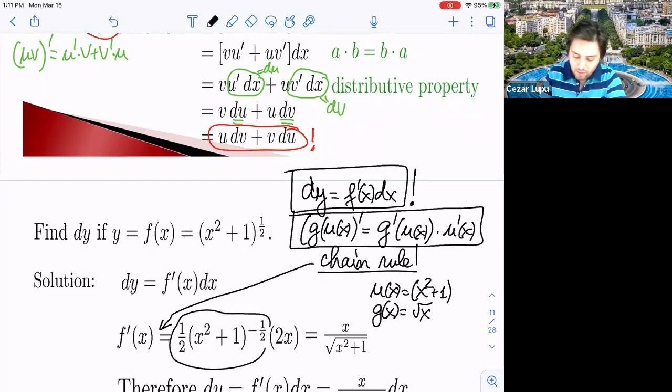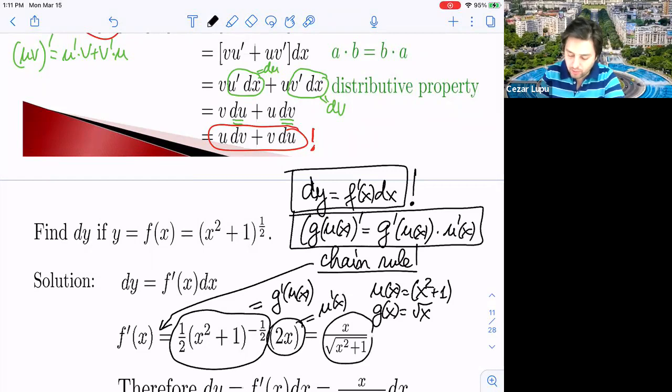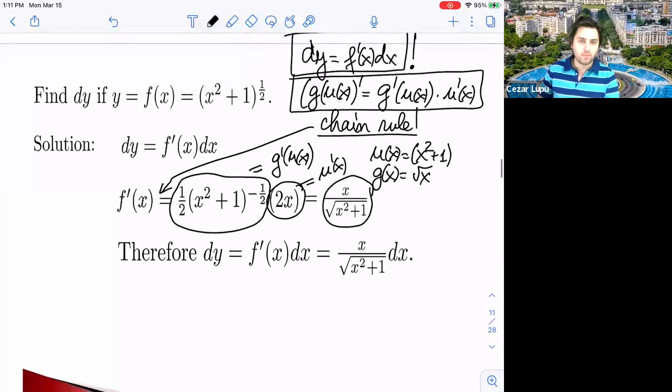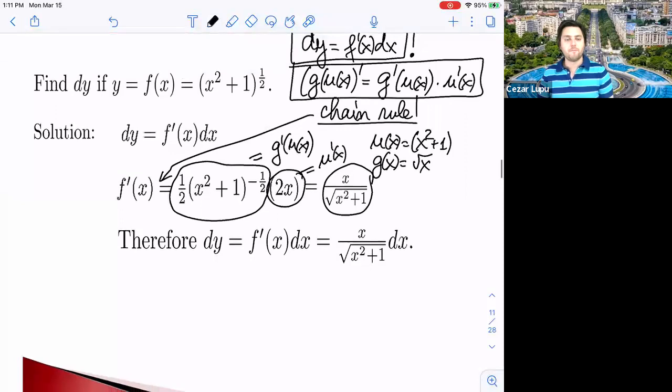So this portion, by applying the chain rule, is g prime of u of x, and this portion is u prime of x. And by doing some elementary algebra, you'll end up with this. Okay, so we can say that dy is x over the square root of x squared plus 1 dx. You see, it wasn't a hard thing to do.